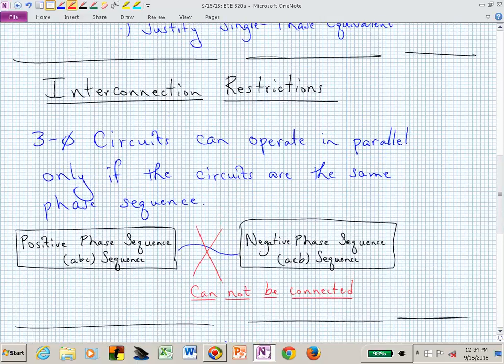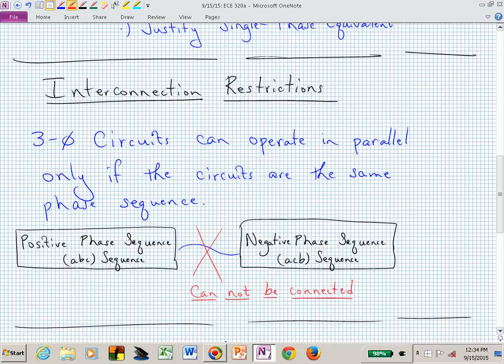At the end of last lecture, I think I made this comment or this statement about, if you have a positive phase sequence, do not connect that with a negative phase sequence. Mechanically, they're spinning in opposite directions, and you don't want to connect them.